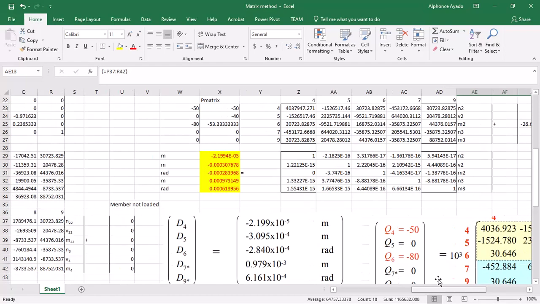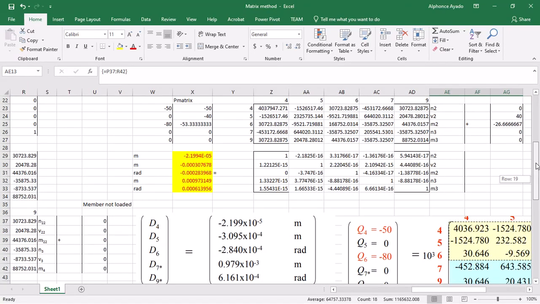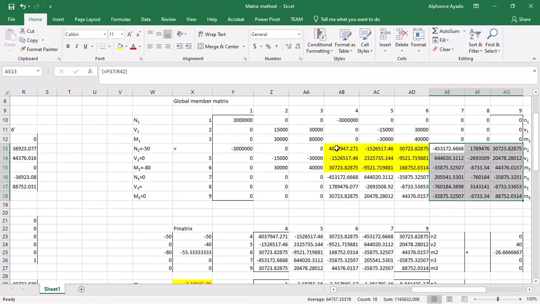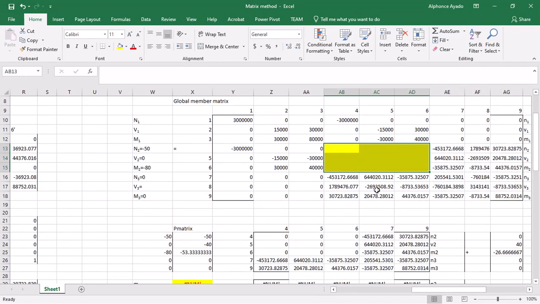Alright, and then to demonstrate the overlapping part, we clear this.